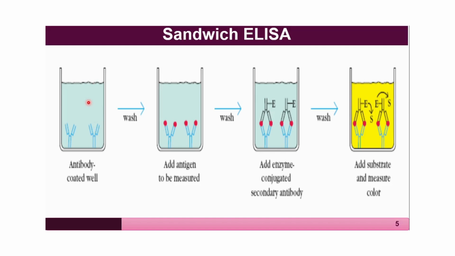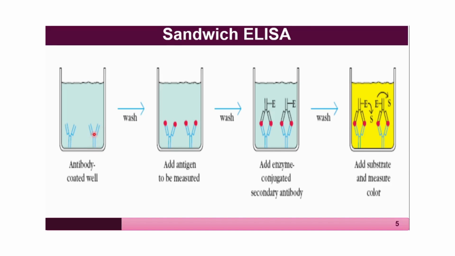The patient serum, if it contains the antibody corresponding to a particular antigen that you are detecting, the antibody will get immobilized by anchoring its FC region onto the surface of the container because it is already coated with protein A. And protein A attracts the FC region of the antibody.